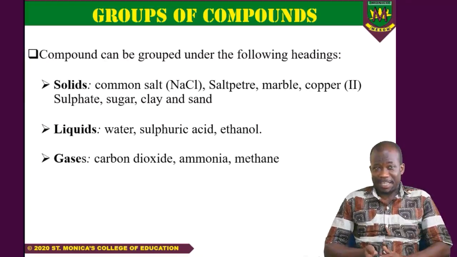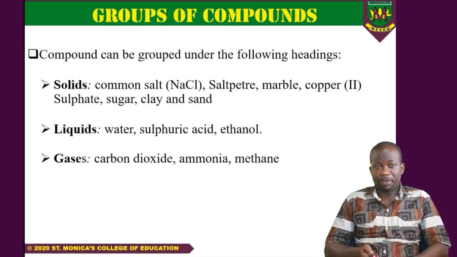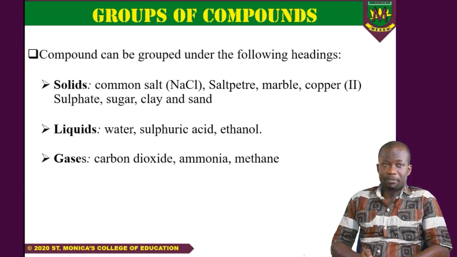When it happens like that, we don't expect you to be mentioning any of the examples of solids or gases. We solely expect you to talk about examples of compounds that are liquid, like water, like sulfuric acid, like ethanol, and so on and so forth.